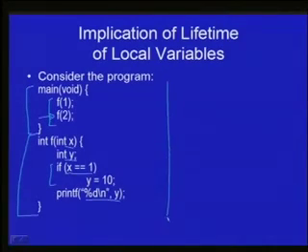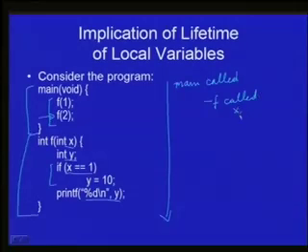So let's again draw the timeline and see how this program executes. So when main is called and then f is called, at that point in time x, y are created.